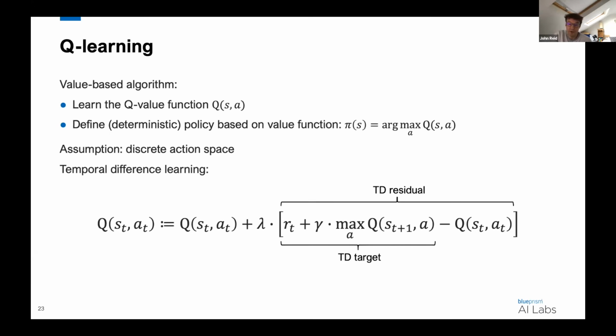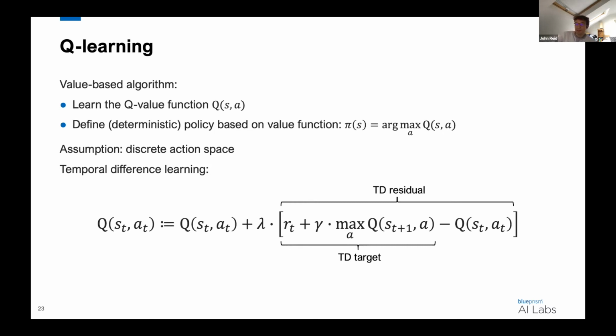Well, whenever we get a reward signal, that's essentially going to give us some idea about how valuable that current state is. But the reward is not the only component of the value of that state. There's also the state that we're going to, the subsequent state that we're going to move into has a value.